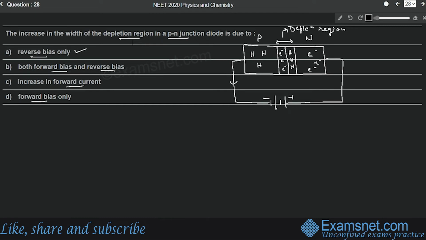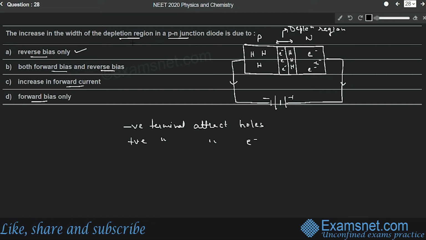Okay, so let's write it down. Negative terminal will attract holes from P side. Okay. Similarly, the positive terminal will attract electrons from the N side, right?